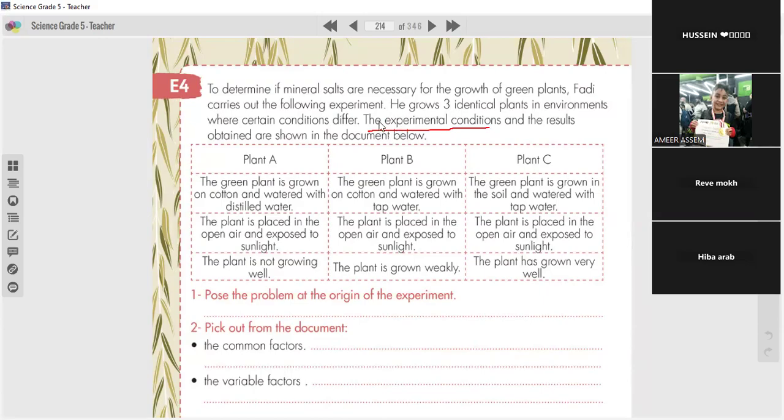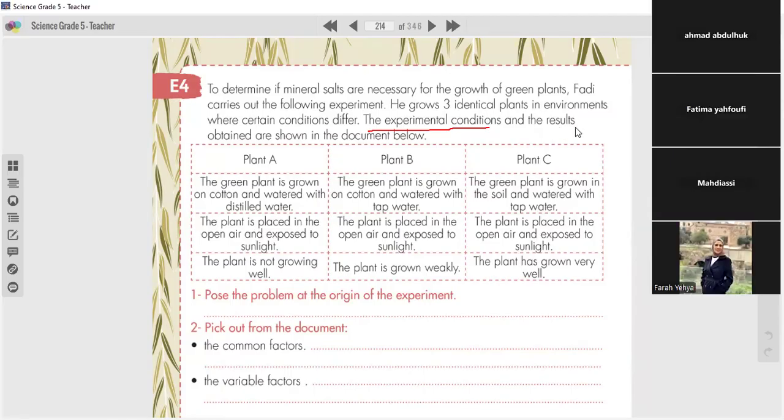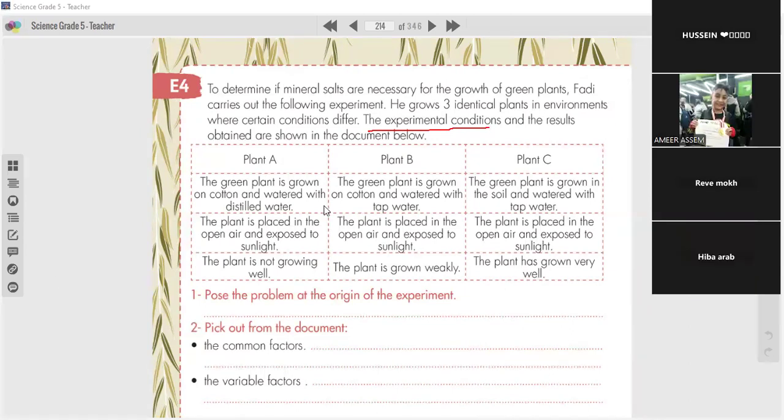The experiment conditions and the results obtained are shown in the document below. Okay, perfect. Once we have a question like this, you have to read the text very well.